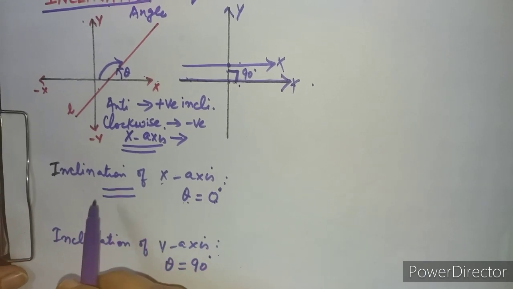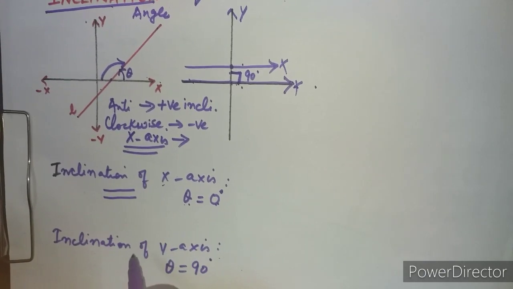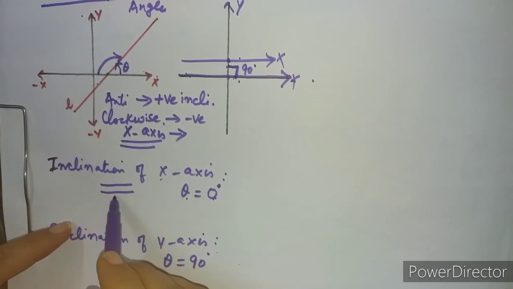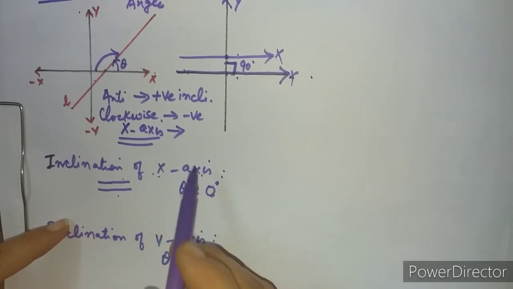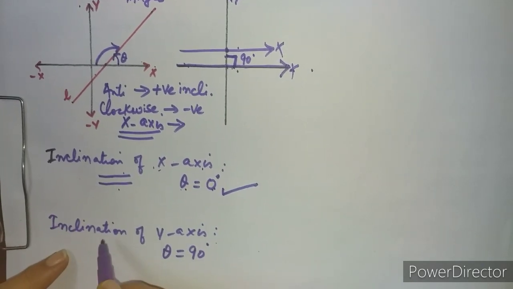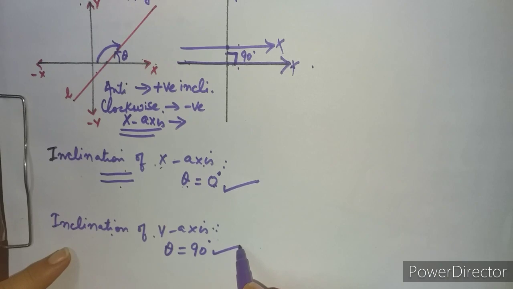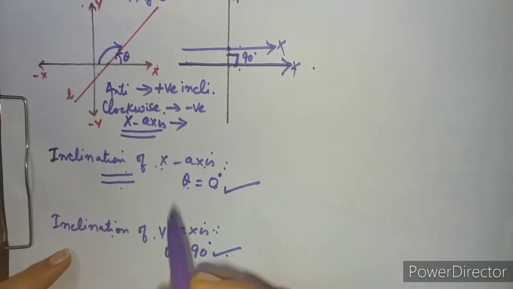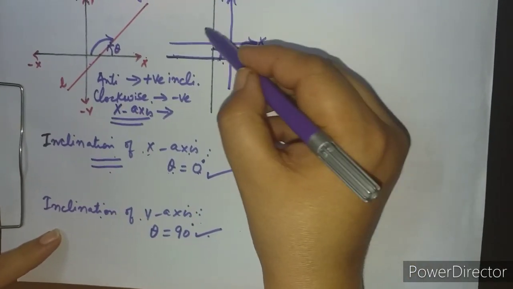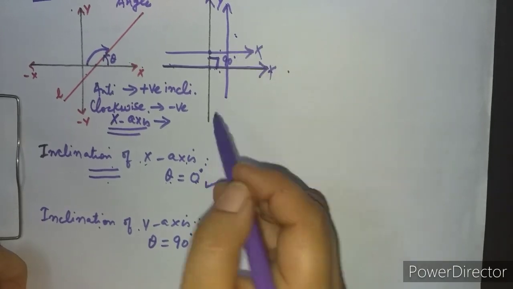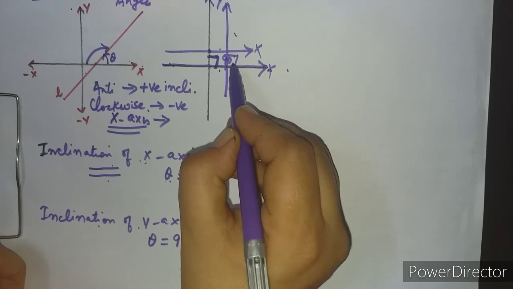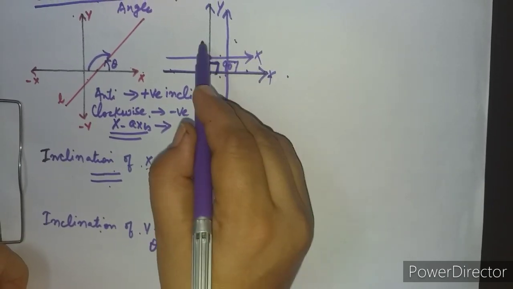Let me summarize this concept. The inclination of the x-axis, or of any line parallel to the x-axis, is always 0. Second, the inclination of the y-axis is 90 degrees, and the inclination of any line parallel to the y-axis is also 90 degrees, because the angle between this y-axis and the x-axis is 90 degrees and the lines are parallel to each other.